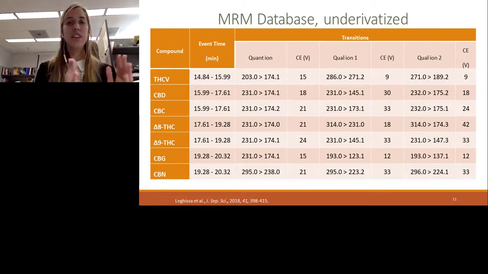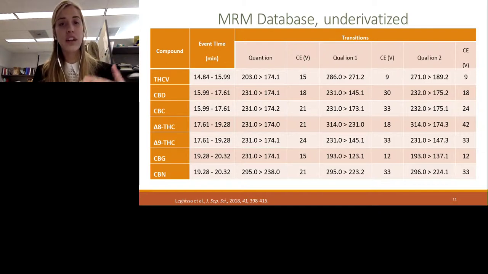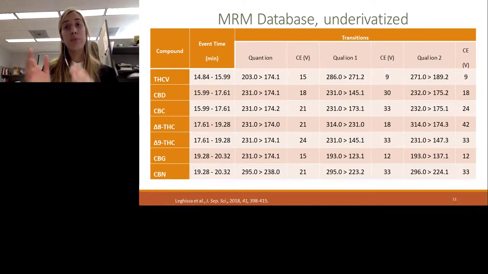So that is the first ion that is allowed to pass through the first quadrupole and reach the second one. Then the number on the right of the equation, like 174 and 238, represents the product ions, so the ones that are formed after the fragmentation with argon and that are passing through the triple quadrupole. And this number represents the only one out of all the different fragments that is allowed to reach the detector.